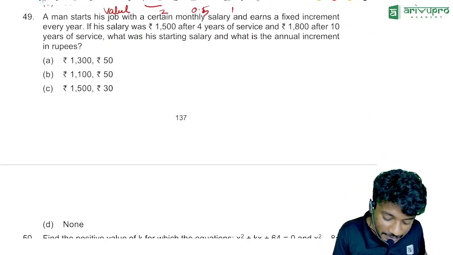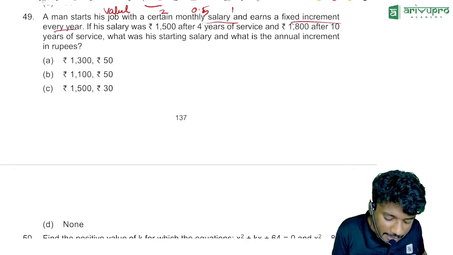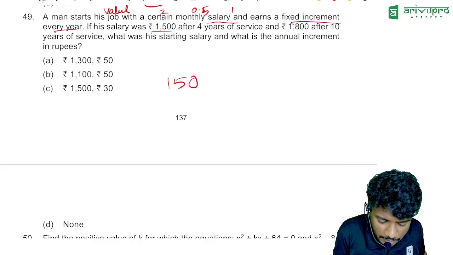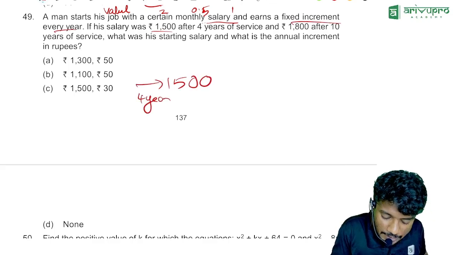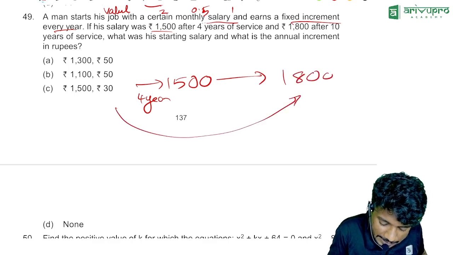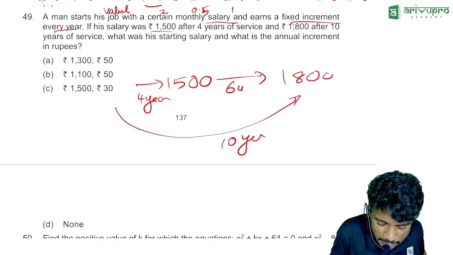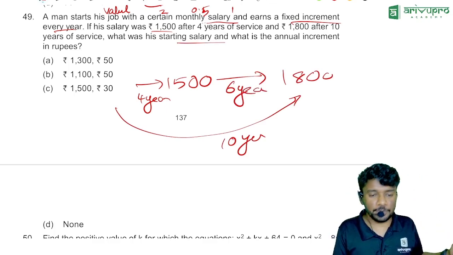A man starts the job with a certain monthly salary and earns a fixed increment every year. If his salary was 1,500 after 4 years of service, and 1,800 after 10 years, that means here 6 years is there. What is the starting salary and what is the annual increment? Direct question.